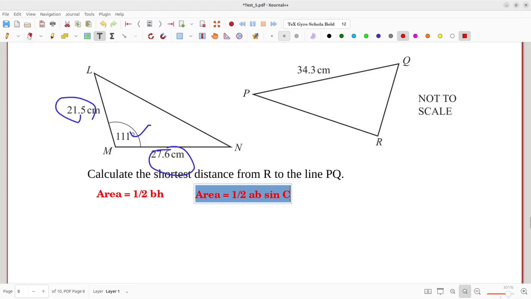So what happens here is, let's just say I decide to draw the perpendicular height, so that this is my height h and this is my base.